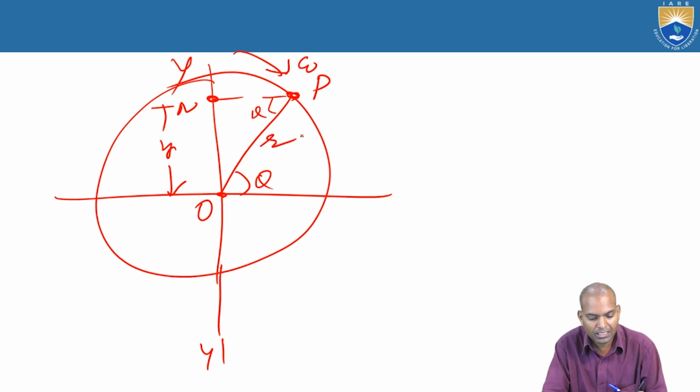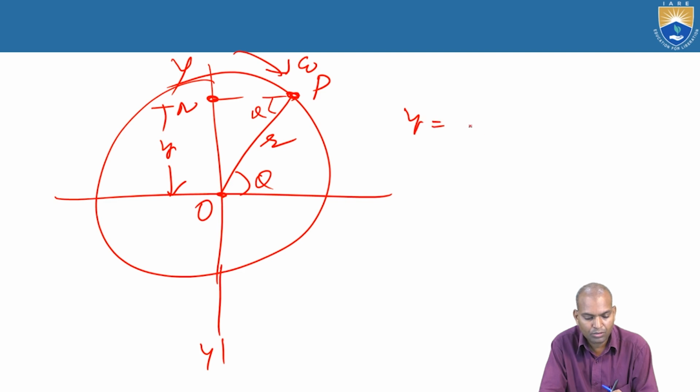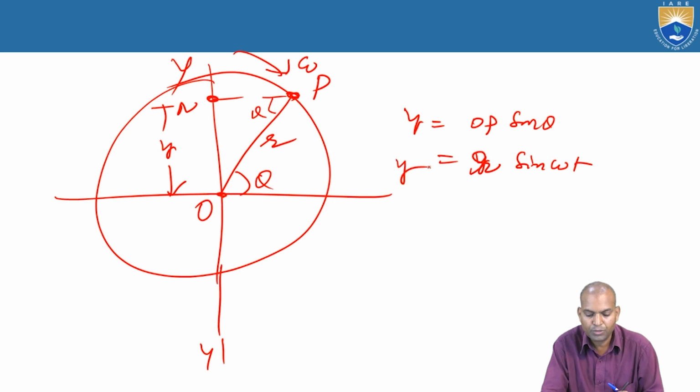Here r is the amplitude. So y equal to OP times sine theta, that is y equal to r times sine theta, where theta equal to omega t. This is the displacement equation.